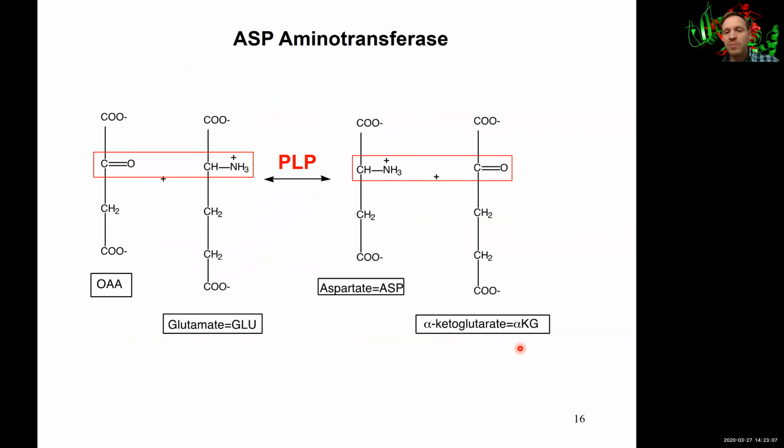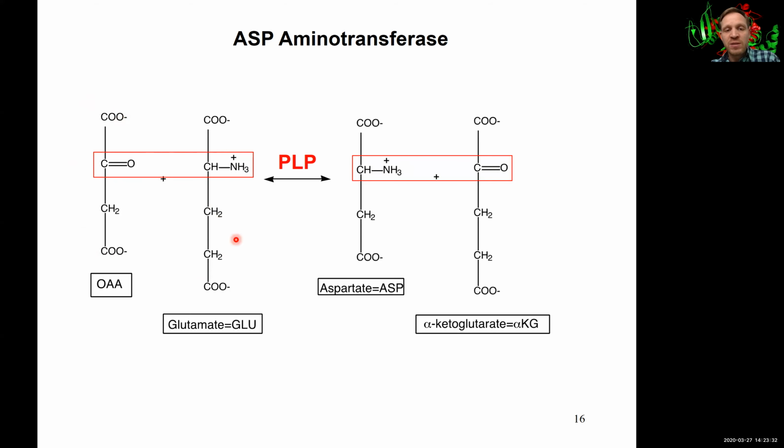So to give you one example for another amino acid, we could use our glutamate, our universal ammonium group donor, and react it with an alpha keto acid, in this case OAA, oxaloacetate, our intermediate of the TCA cycle. We're running the aminotransferase now, right?